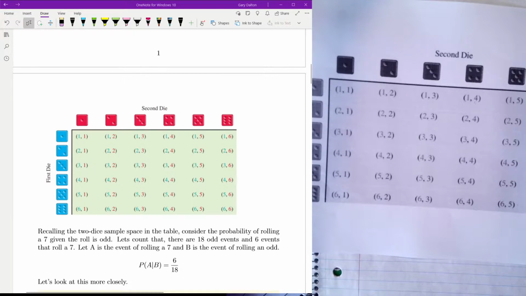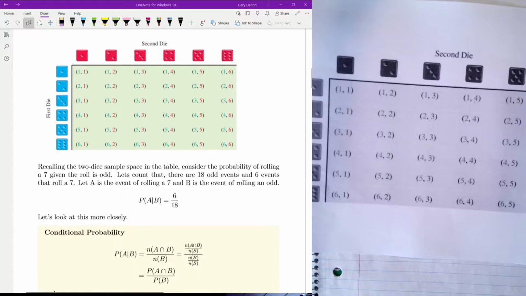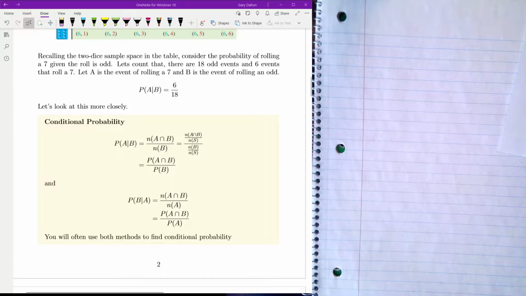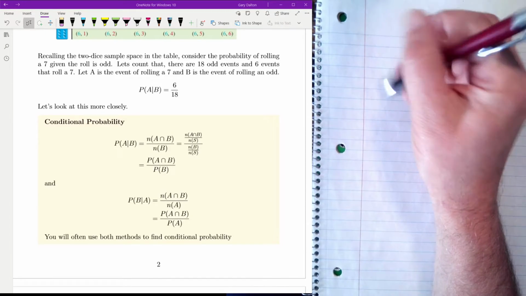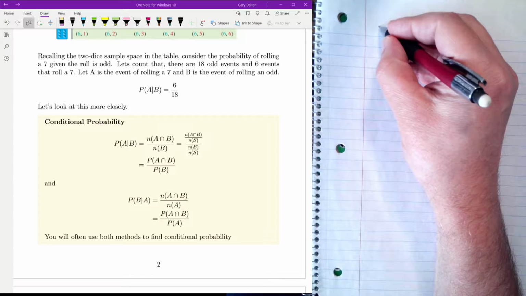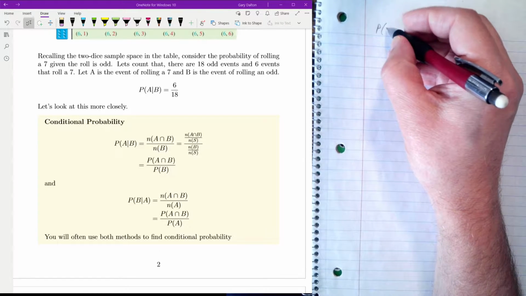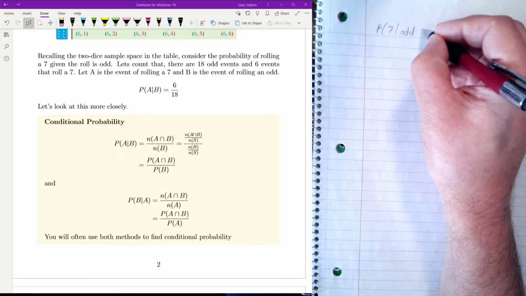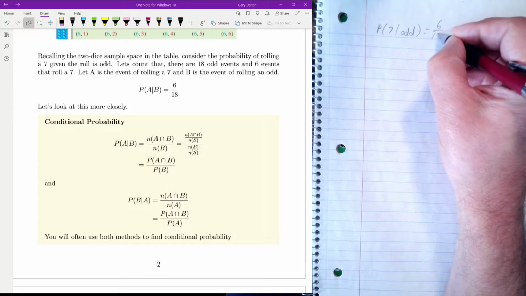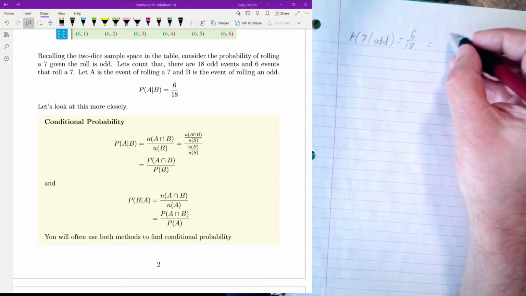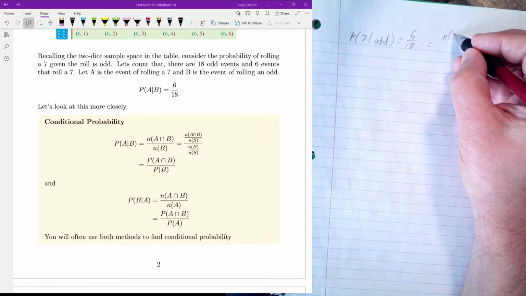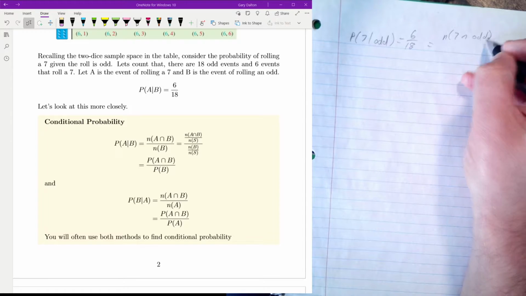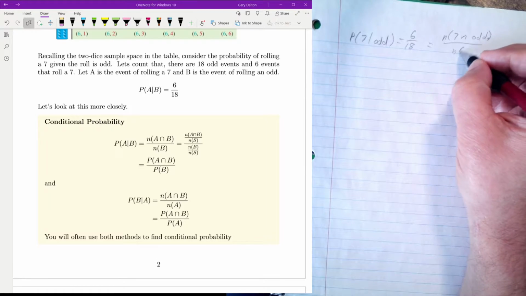Let's look at it a little bit more closely, and we're going to show where some things are derived in just kind of a so-so way here. So the probability of A given B. What you'll notice is that what we wrote, the probability of rolling a 7 given odd, was equal to 6 over 18. But we also said that was the number that were 7 intersect odd, which happens to be all of the 7s, divided by the number that are odd.